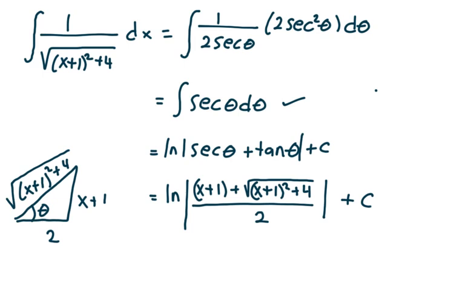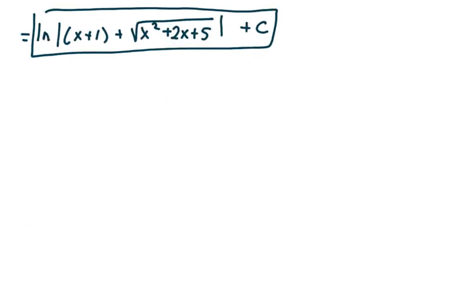And making my substitution, I get natural log of the absolute value of x plus 1 plus the square root of x plus 1 squared plus 4, divided by 2, all divided by 2, plus c. And then simplifying a little bit more, we get natural log of the absolute value of x plus 1 plus the square root of x squared plus 2x plus 5, plus c.